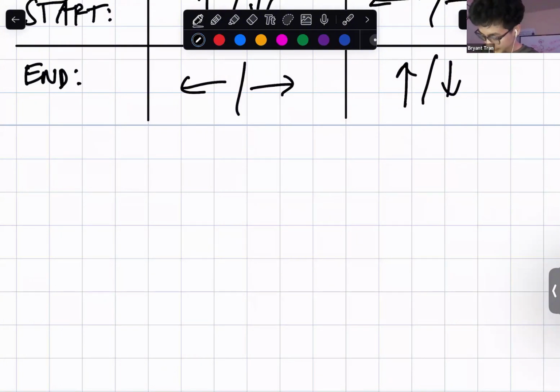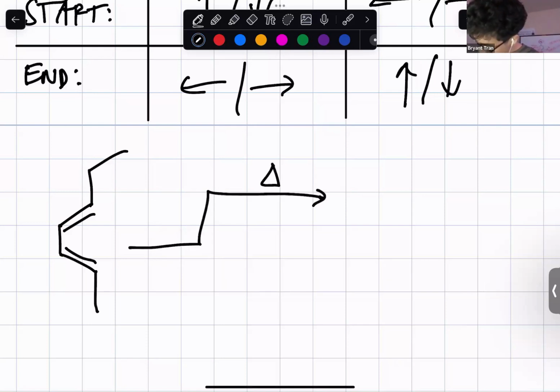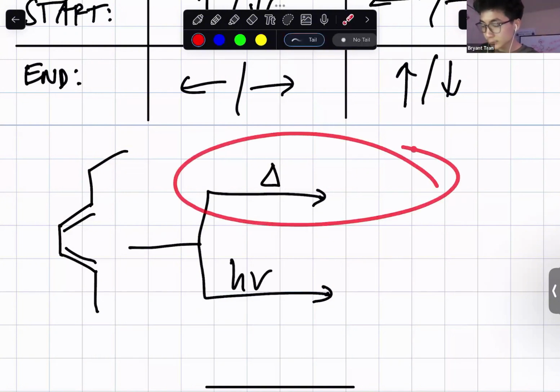So for ring closing, let's say we have something like this with that group, reacting with heat or light. I'm giving you two different scenarios because this will give us two different products.